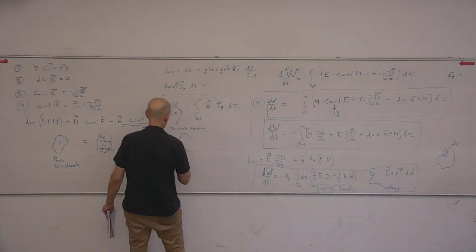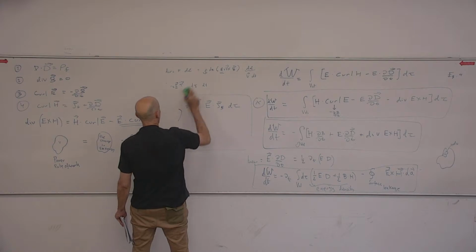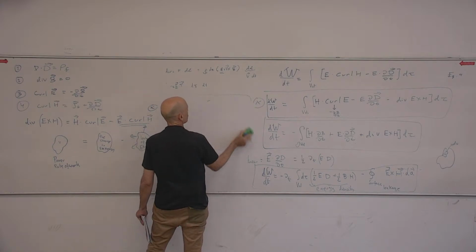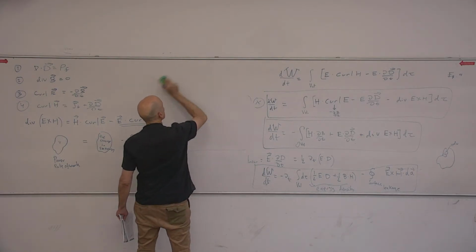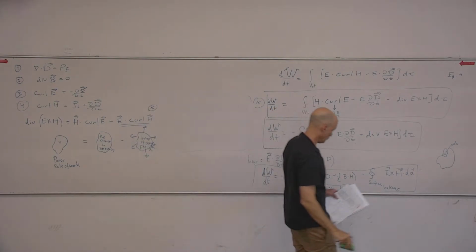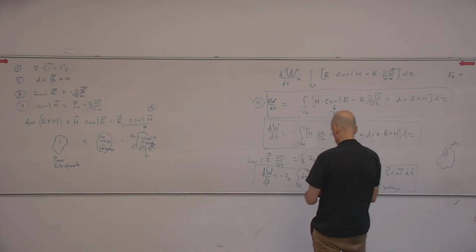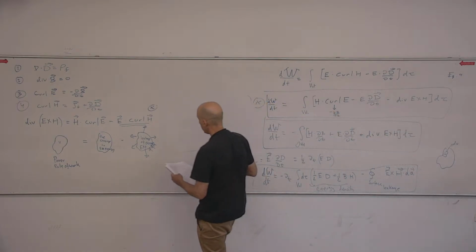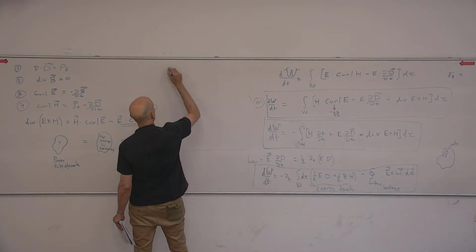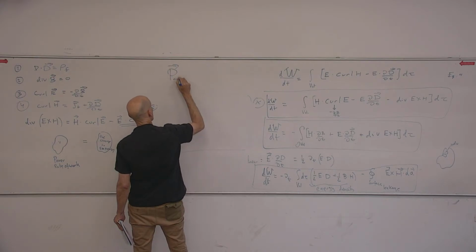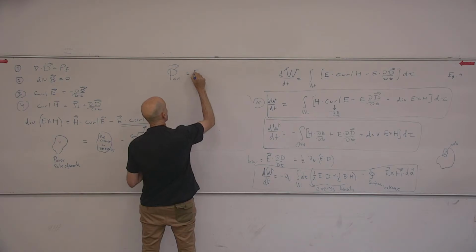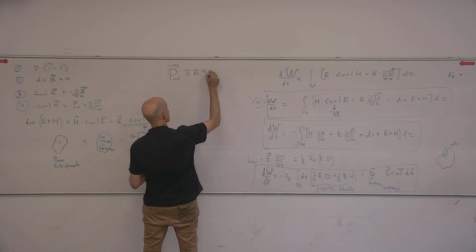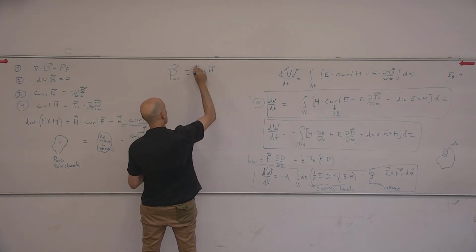And Poynting is another P, which is not polarization. It's not polar, so I like to call it Poynting. Its definition is E cross H in matter.